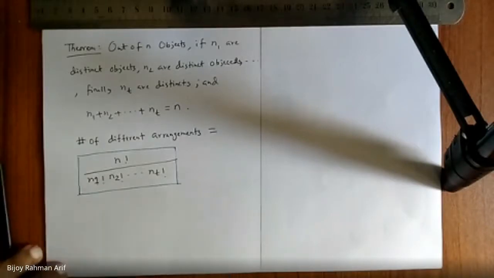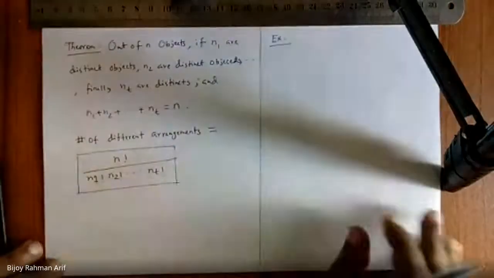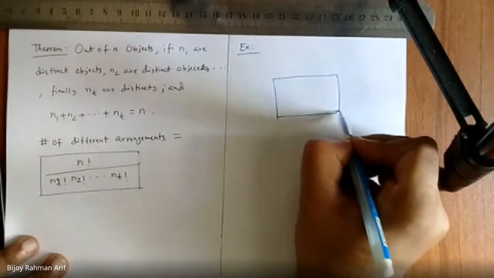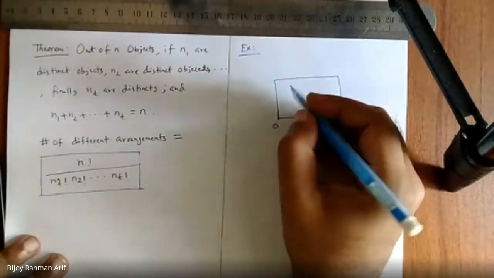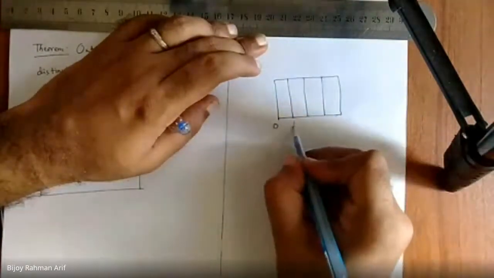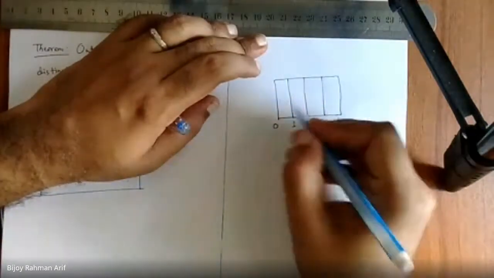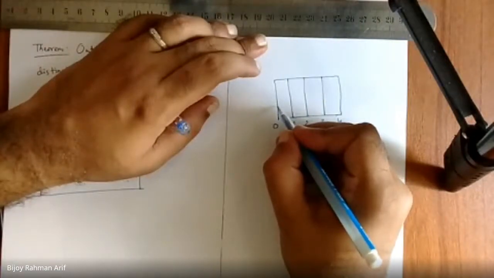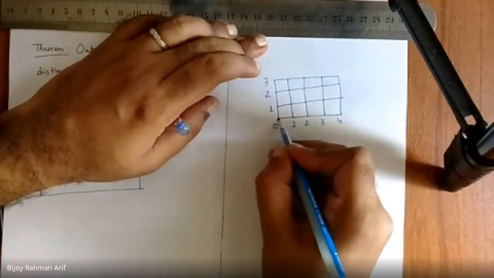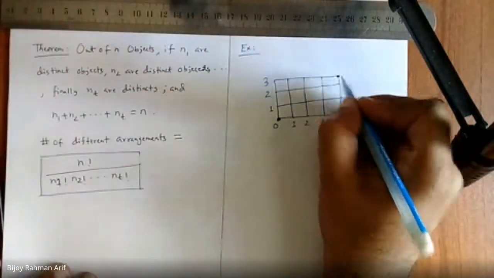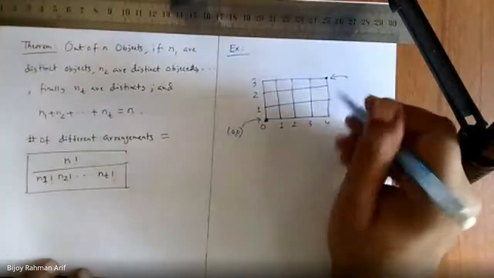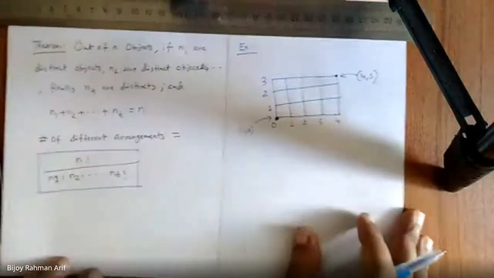Let's assume I am at position 0, 0. I want to reach position 4, 3. So how many different ways can I reach?